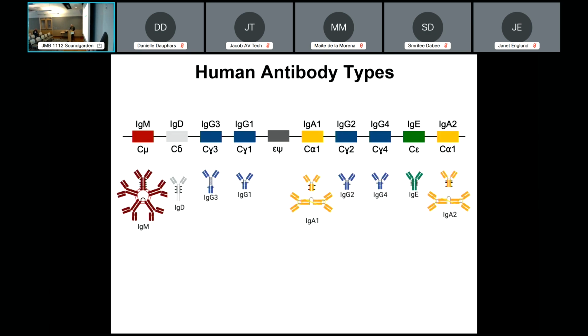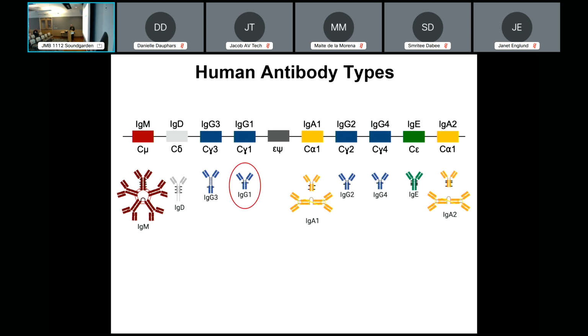And so here is a schematic of the human heavy chain locus on chromosome 14 with schematics of all the antibodies that these heavy chains produce. And I've put approximately where there are N-linked glycosylation sites on all of the antibodies in the constant regions of them.